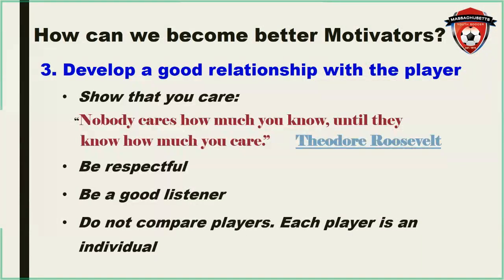You can help him by showing him how much you care for him, by showing him that you're there to assist him, not to judge him, by showing him that yes, you are his coach, but at the same time, you're going to be a friend and an adult that is there to help him.